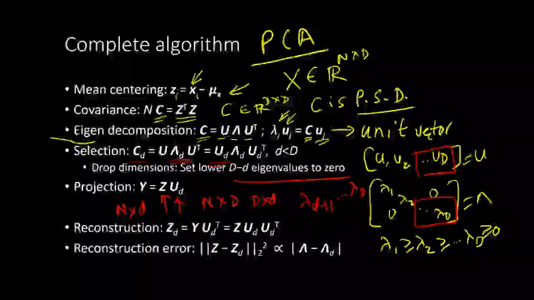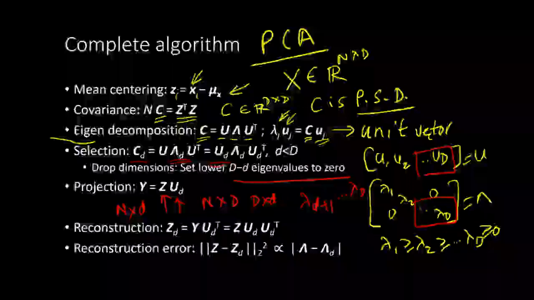Basically, we will have the data reconstruction in the original capital D space by multiplying this y with again UD transpose. So you can do the math. All the three things that you see in this equality will be of size n cross capital D.